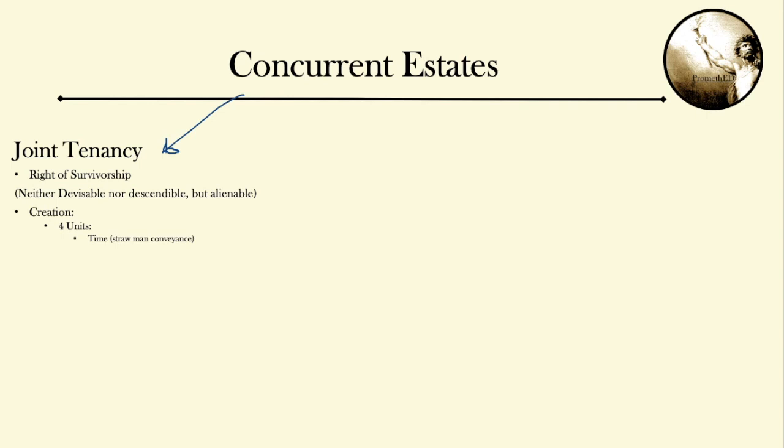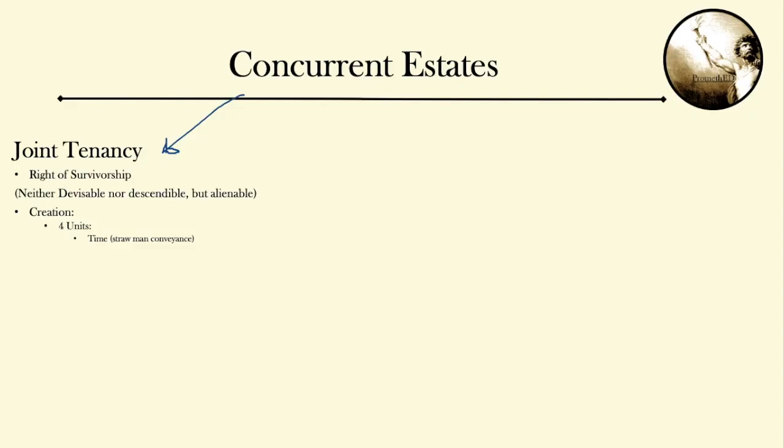So instead, the requirement is satisfied by the use of a strawman, for example, a lawyer or an agent, who immediately conveys the property back to the owner after it has been conveyed to the strawman. This is to satisfy one of the four unities in order to create a joint tenancy.